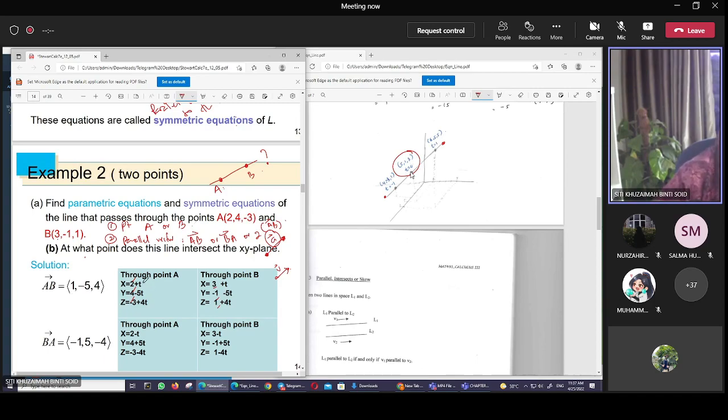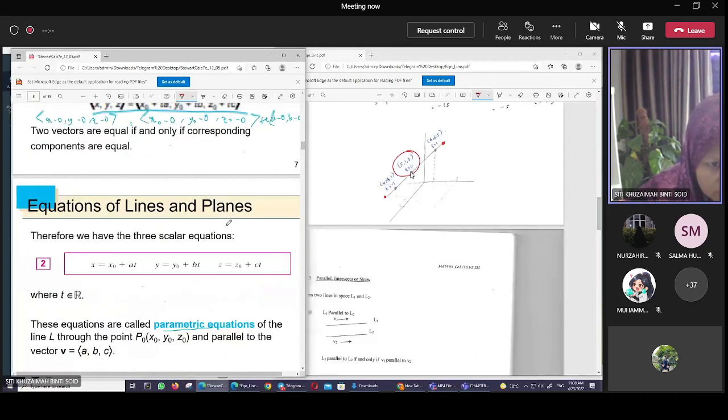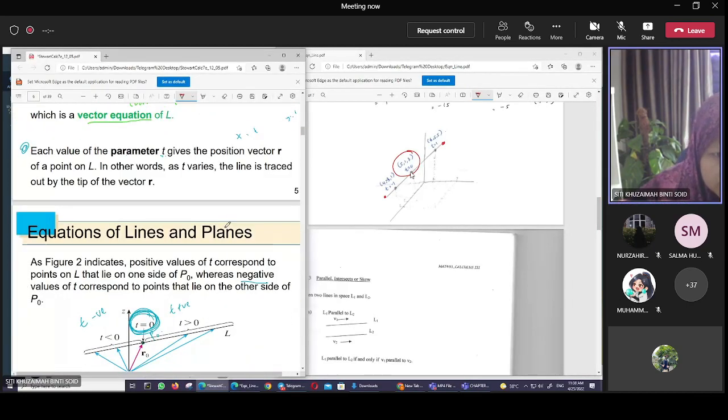So just substitute into this. Or BA. Boleh je. Rasakan dia parallel. Ceritanya dia kena parallel. Kita dah ceritakan dekat gambar tadi kan. Yang figure 1 tu. Ya. Figure 1 here.